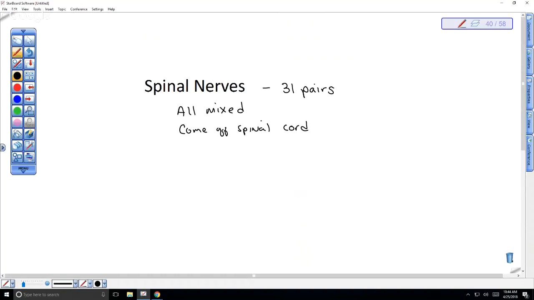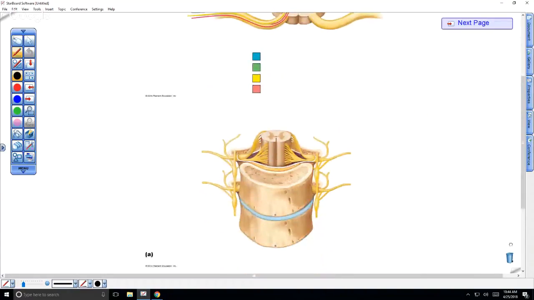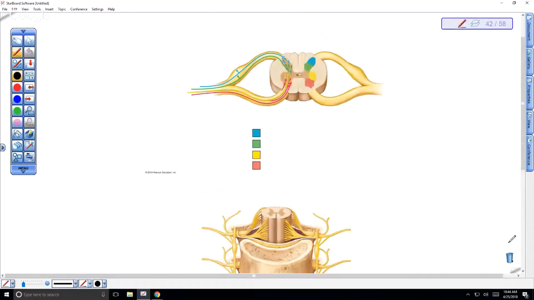So when we look at these spinal nerves, we're going to go back to that image that I gave you right here. I don't have any extra copies of this. Did everybody get a copy? So this had the receptors on the front.